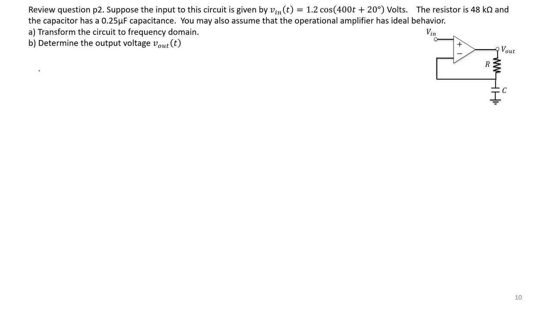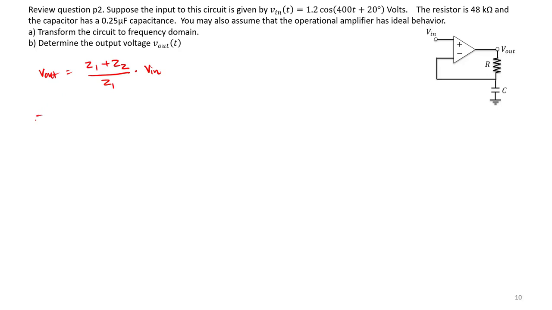Based on that equation, we know that Vout must be equal to Z1 plus Z2 divided by Z1 times our input, in this case Vin.